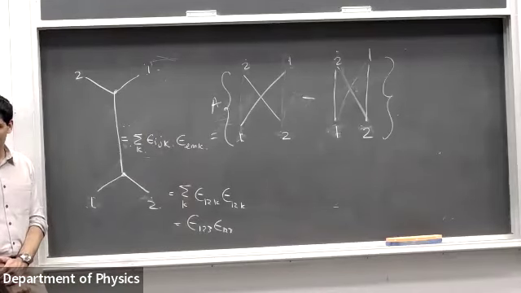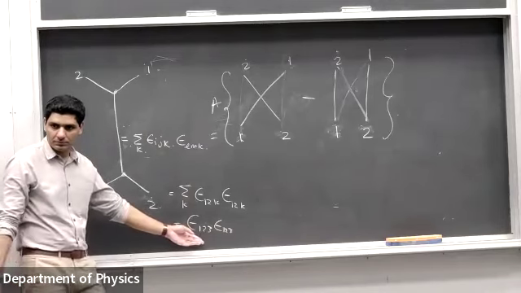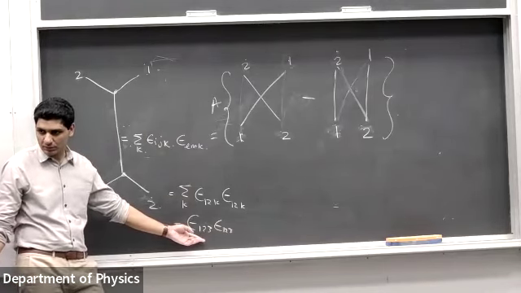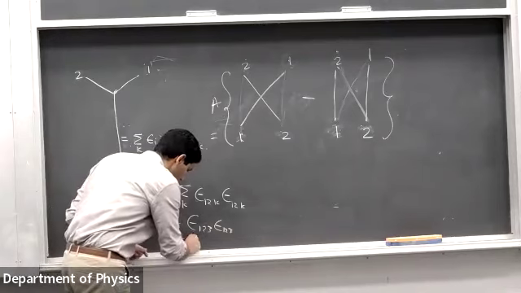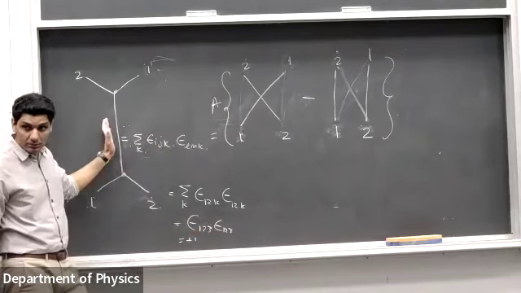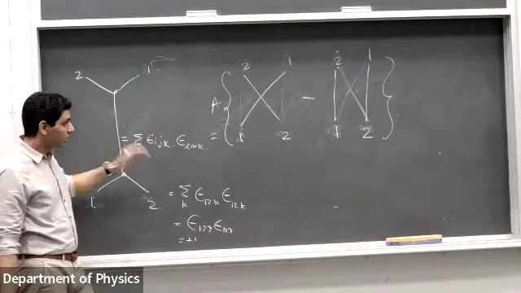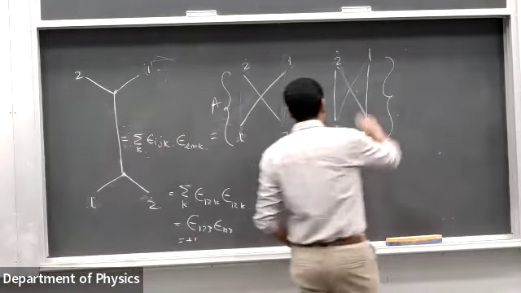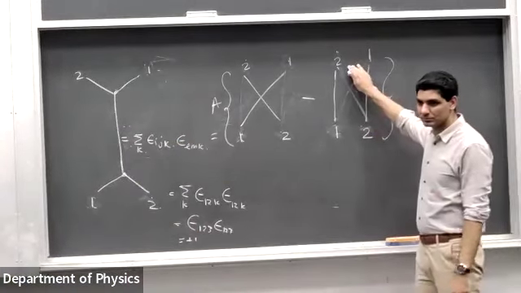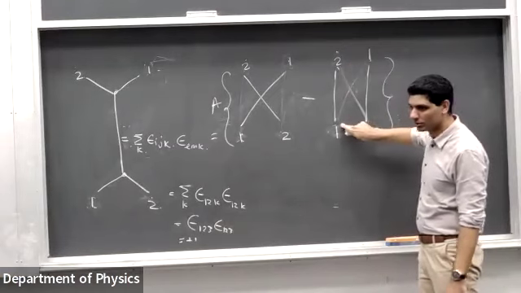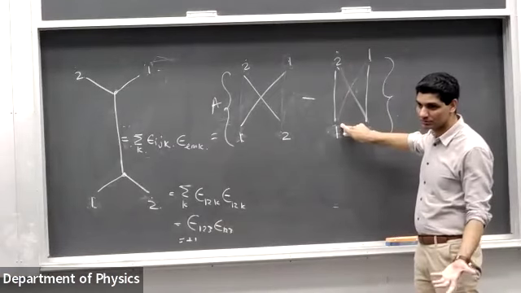Do we agree? So what is the value of this term? Plus 1, right? Left-hand side is plus 1. What's the right-hand side? What is this term? This is delta 1 2, which has to be 0, right?